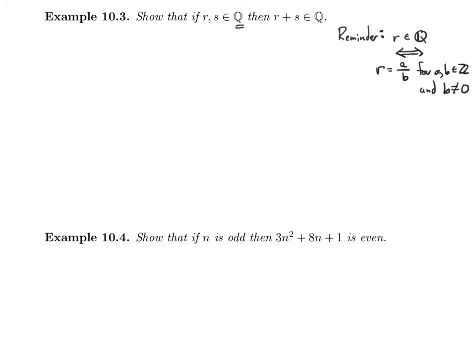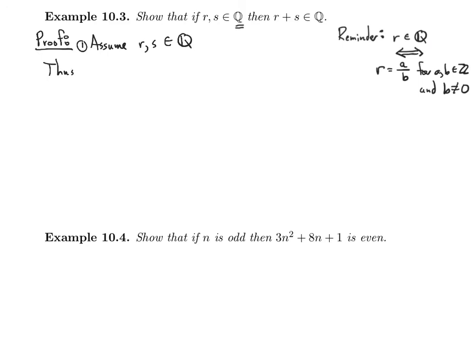Okay. Now that you guys are back, let's see how close we have our answers together. So the first thing we want to do, let's tell people we're doing a proof. And then let's assume the if part is true. So we're going to assume that r and s are indeed rational numbers. So what does that mean?